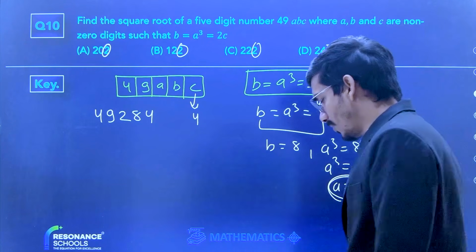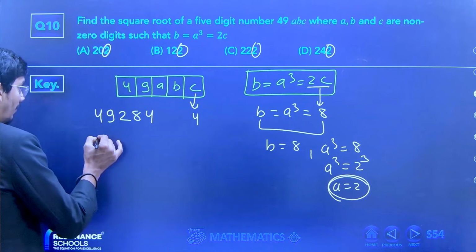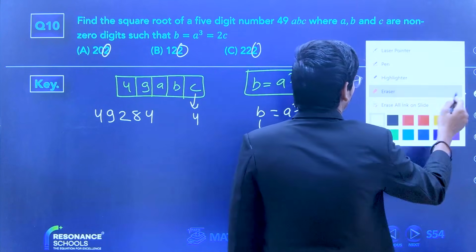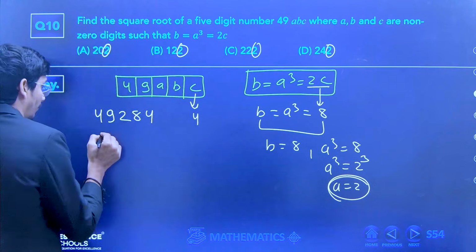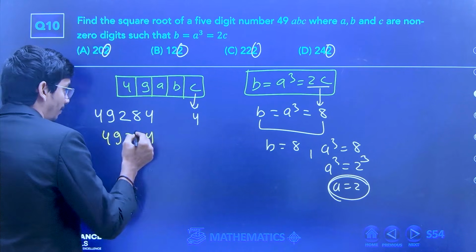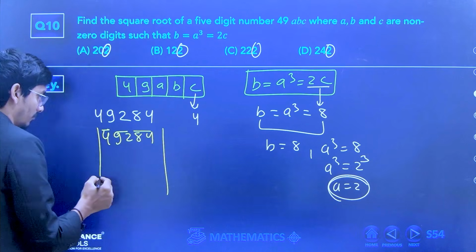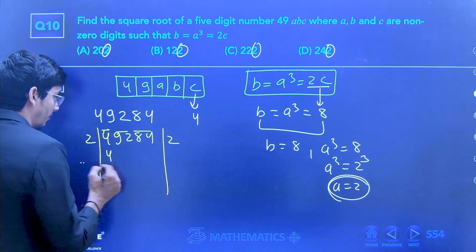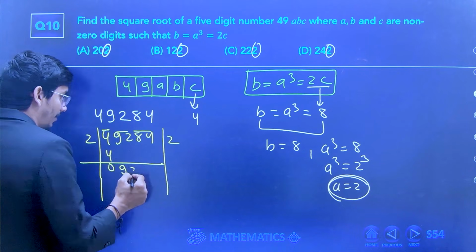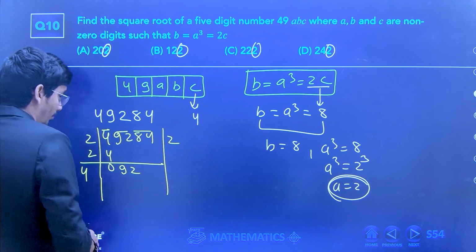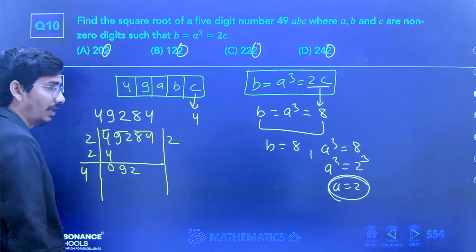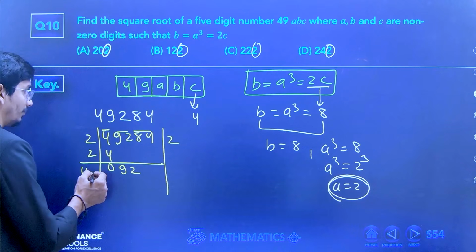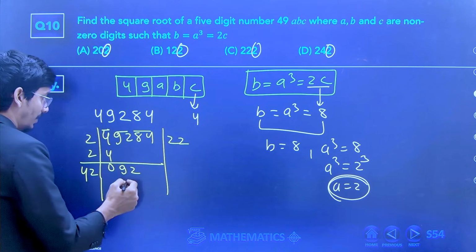So when you find the square root of 49284, I am finding it here by making pairs. 4, so 2 times 2 is 4, subtract, we get 09, bring down 92, so 2 plus 2 is 4. In place of the blank, if you put 2, 42 into 2 is 84.